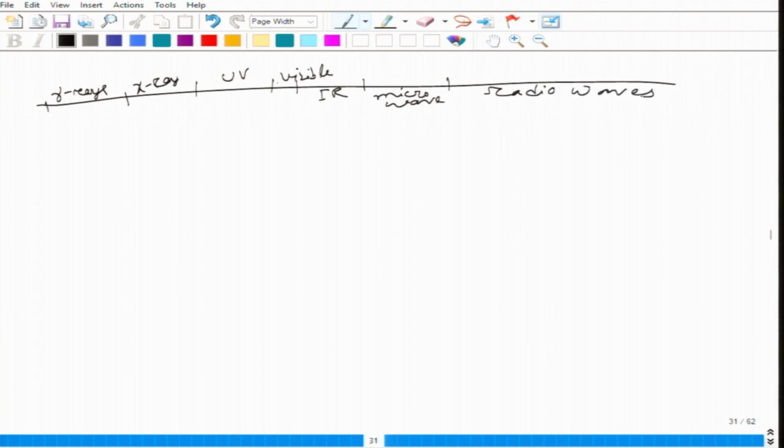Okay, so this is called electromagnetic spectrum.